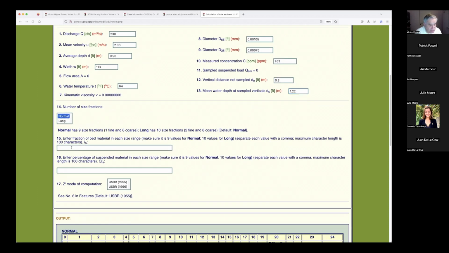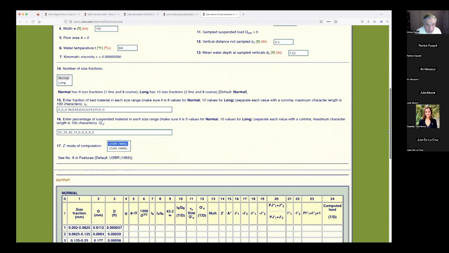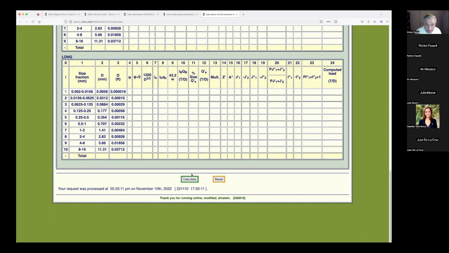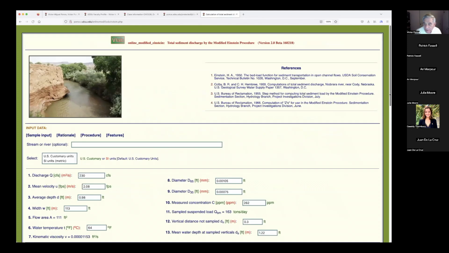Normal size fraction, the fractions of bed material and suspended, and then we're going to do USBR 1955. There it is. Let me do the calculation.